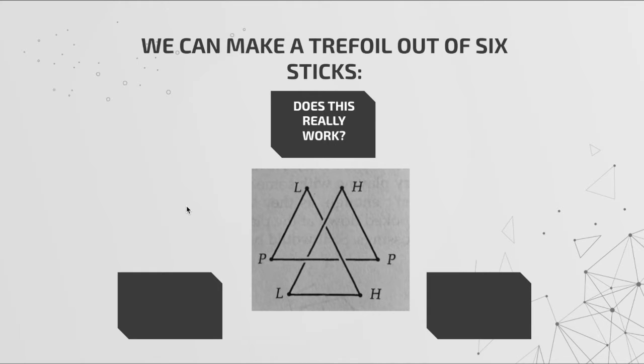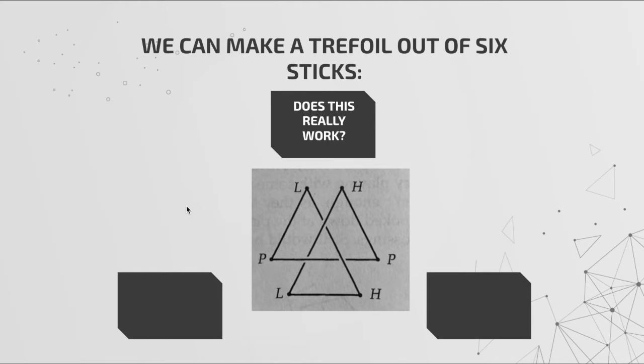Here we have a projection of a trefoil that is made out of sticks, and we need to verify that the sticks are truly straight. Just because they don't curve in the plane, does that mean that they are still straight in 3 dimensions? Are they actually straight sticks?